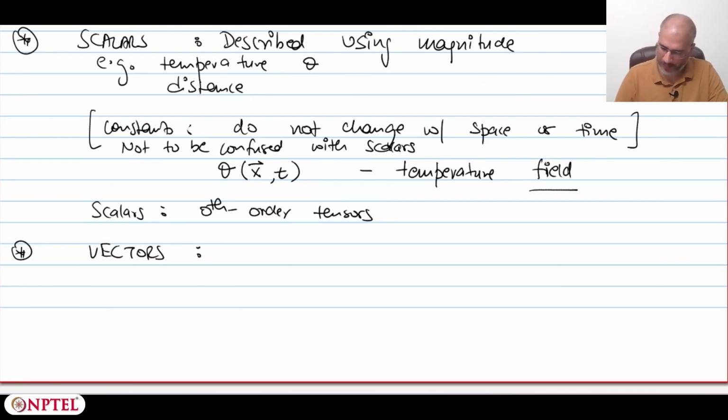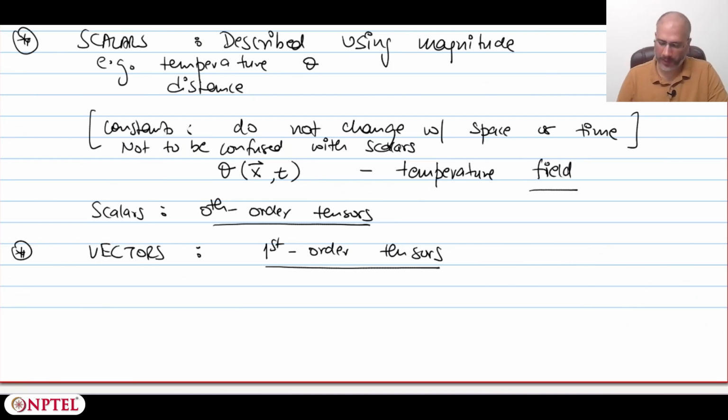Vectors are, in fact, I'll mention that first, first order tensors. So we are generalizing the idea. Scalars are zeroth order tensors and vectors are first order tensors, and they require a magnitude and a direction to describe them.